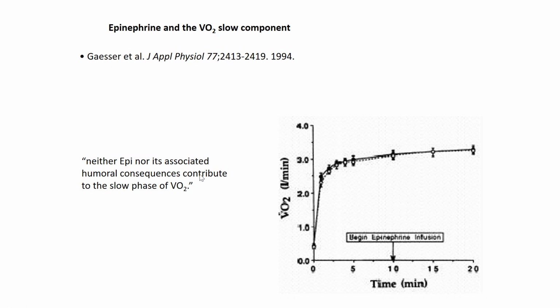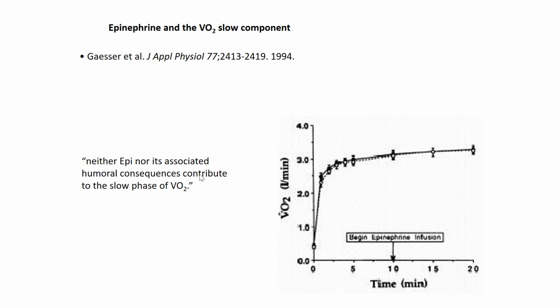This is a paper by Gazer, and what he did was, I don't know if I'd want to be in this study, but it was novel. They measured the normal epinephrine responses in people through blood draws that were doing a graded exercise test to exhaustion. And the highest epinephrine level they observed, they recorded that.